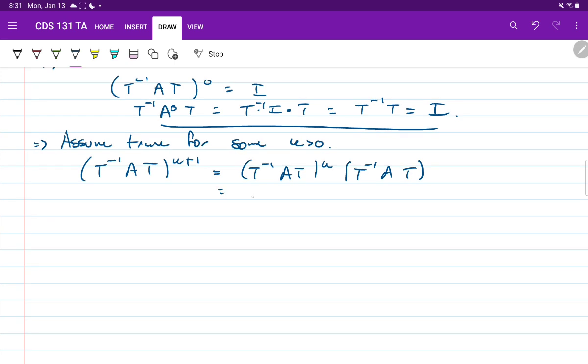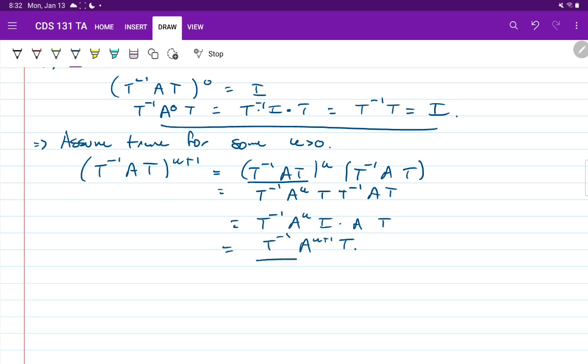Now we'll multiply out. If we apply the inductive hypothesis to this, this is equal to T inverse A to the k times T. Now multiply by this, T inverse AT. That becomes the identity, right? T inverse A to the k, identity, times A times T, which is equal to T inverse A to the k plus 1 times T.